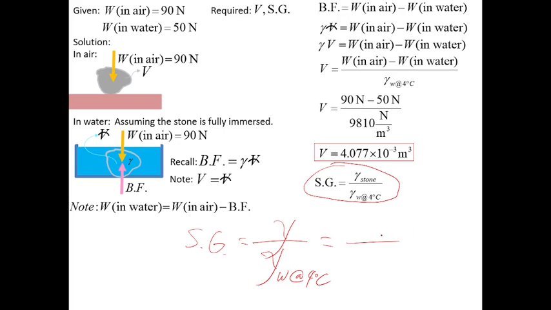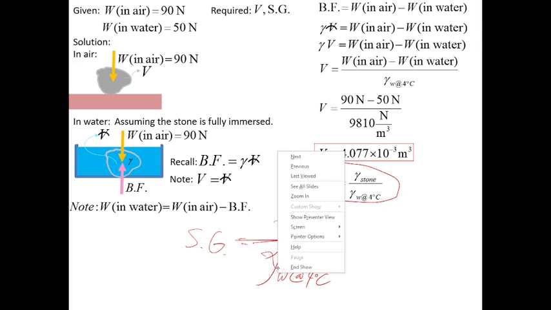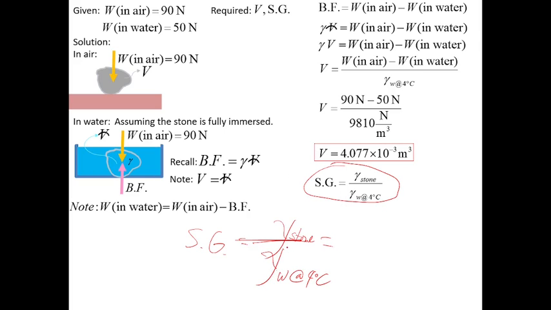Sometimes it can also be density of the substance over density of water at 4 degrees Celsius. That's also possible. Since our substance, as I taught before, can be a solid object, it can be a stone. So, over the unit weight of water at 4 degrees Celsius.